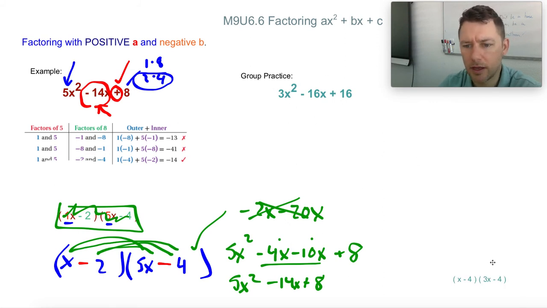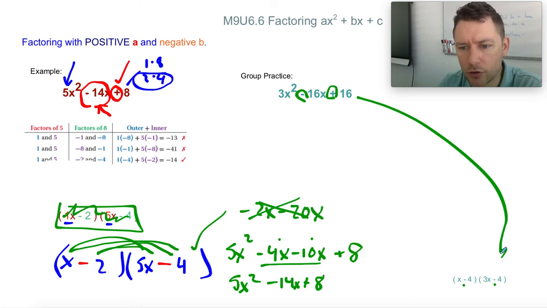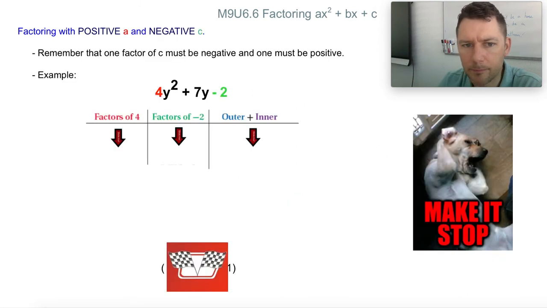Try this one, aim for this one. Same things apply. They're both going to be negative here. To get a positive, if this guy's negative and this guy's positive, they're both going to be negative values. So try this out, see if you can get that. Same sort of thing.